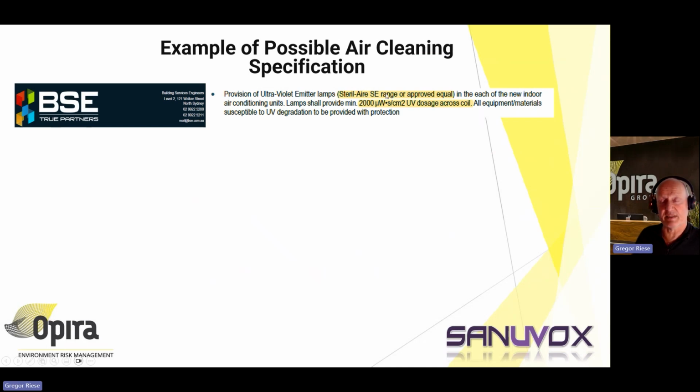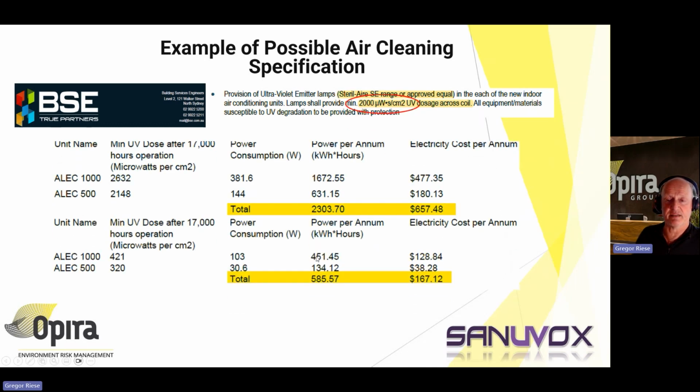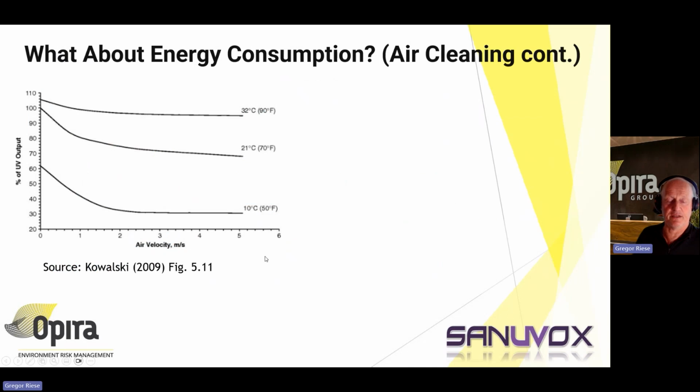And there's a specification that came out recently, late last year, which aimed for 2,000 microwatt seconds, so microjoules, per centimetre squared dosage across the coil, and this looked to us like an air disinfection specification. But again, the cost implications are really significant.